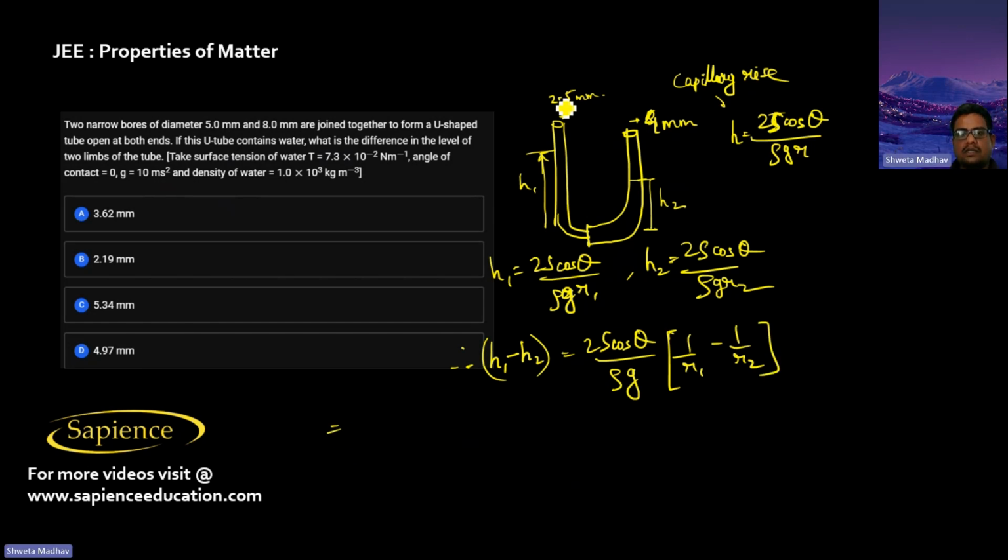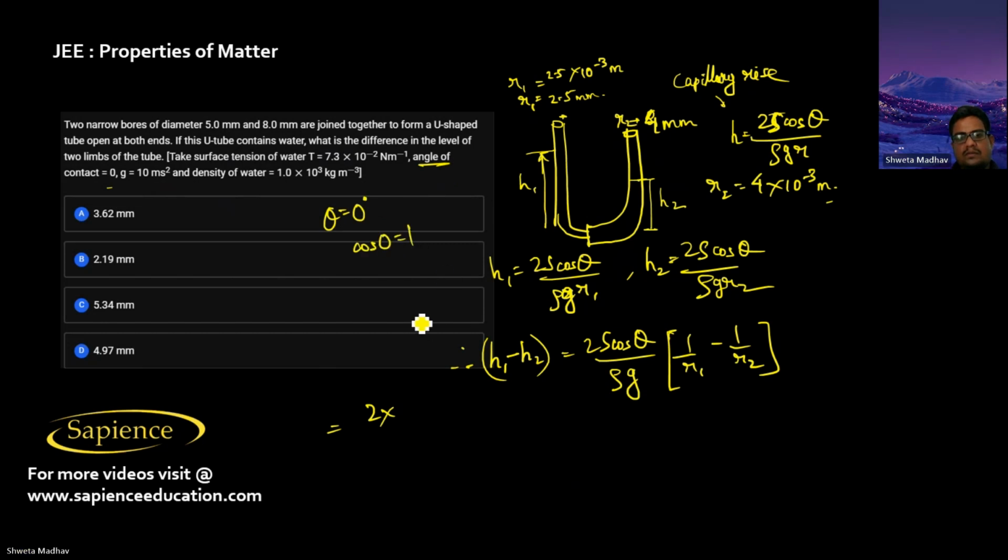So this radius is given in millimeters. So r1 is 2.5 into 10 power minus 3 meter. Similarly, r2 will be 4 into 10 power minus 3 meter. So this will be 2 into S. Now theta is 0, since it is told the angle of contact is 0. So cos 0 will be 1.